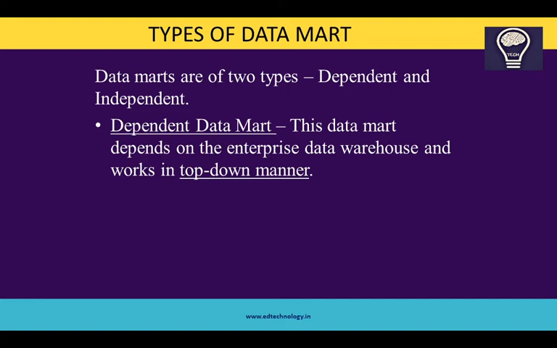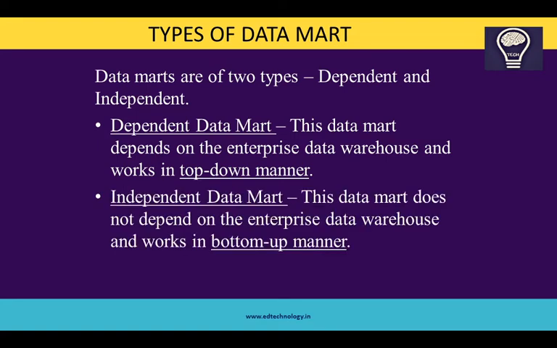When we have the data within the organization and we take that into account to form a data mart, it is known as a dependent data mart, and it works in a top down manner. Whereas an independent data mart does not depend on our data itself. The data can come from outside sources also, and that is why it works in a bottom up manner, where cumulatively those data marts form a collective data warehouse.